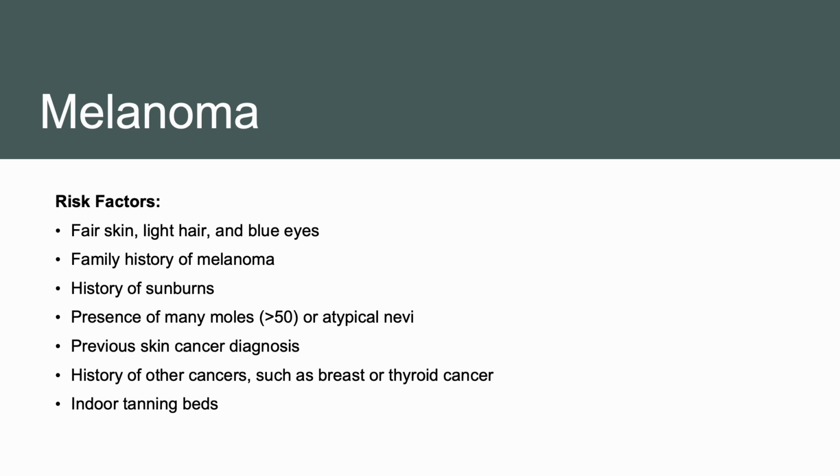If they have sun-sensitive skin, such as a tendency to sunburn easily, red or blonde hair, or blue or green eyes, a history of excessive sun exposure, including sunburns, or a history of indoor tanning, this raises the risk. A previous skin cancer diagnosis is also a risk factor. And a history of other cancers, such as breast or thyroid cancer, is a risk factor.